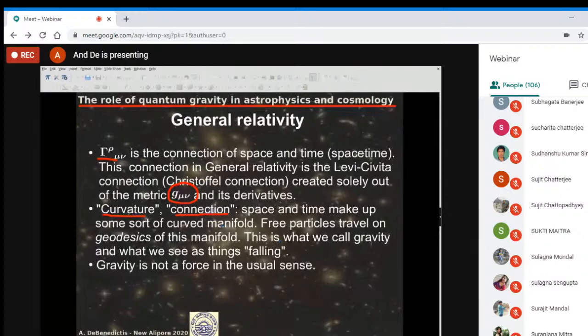So think of some curved surface, and if a particle lives in some curved surface, it of course will not necessarily travel in what we call a conventional straight line. And this is what we see as gravity. So it's quite a bit different. It's not a force in the usual sense, this gravitation in the paradigm of general relativity.